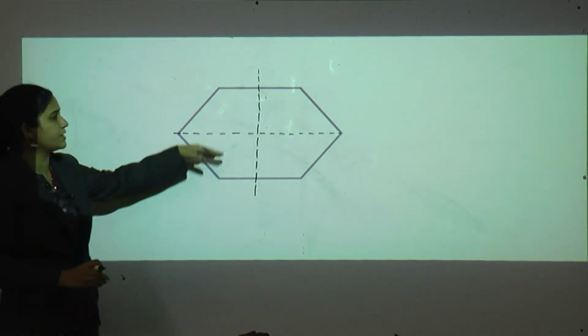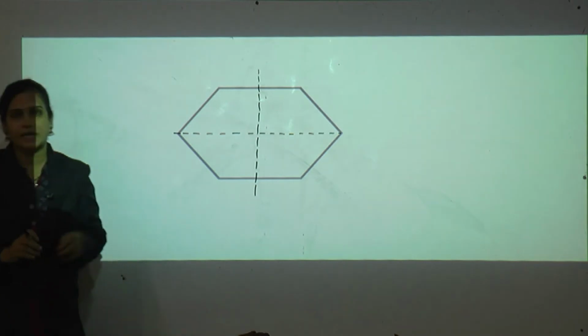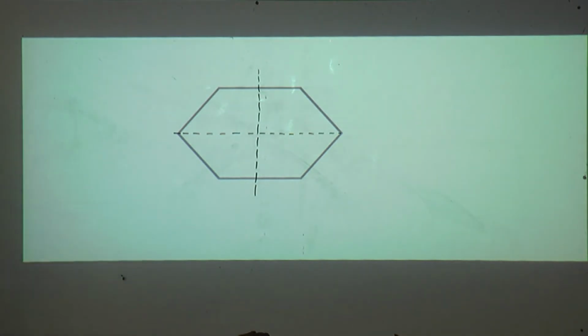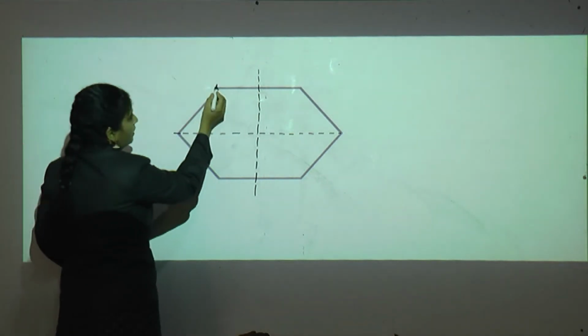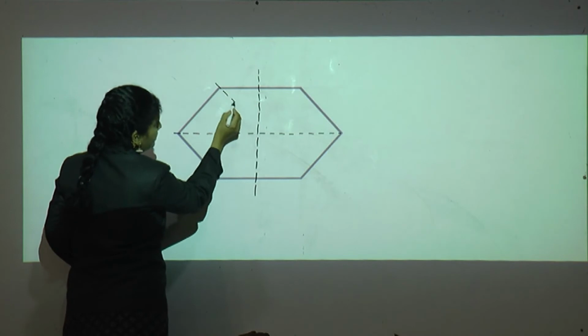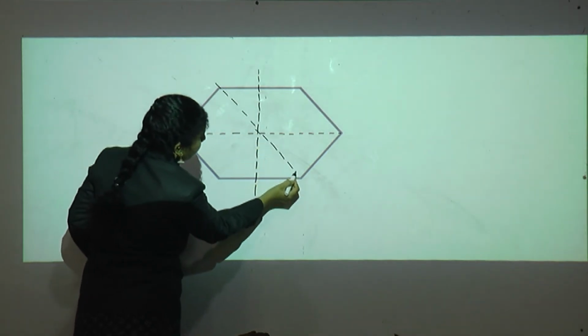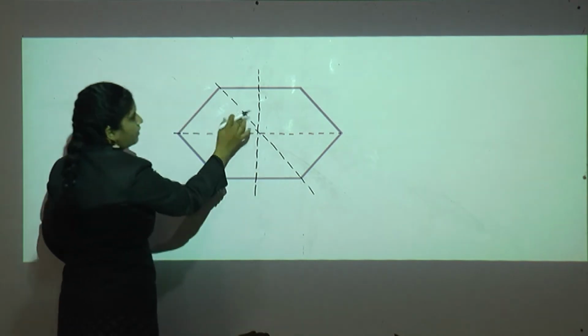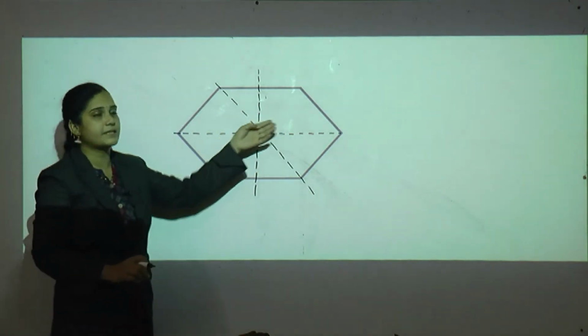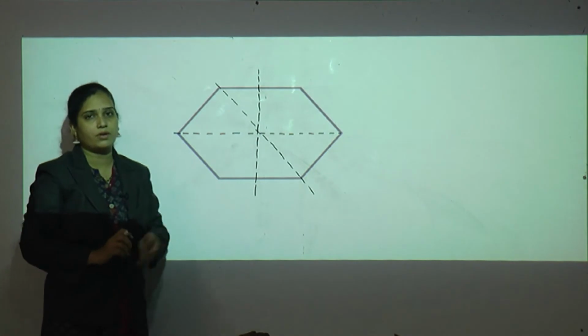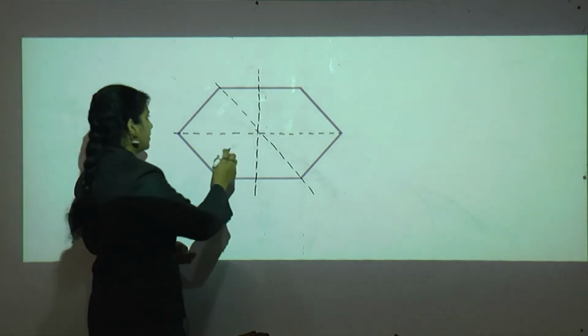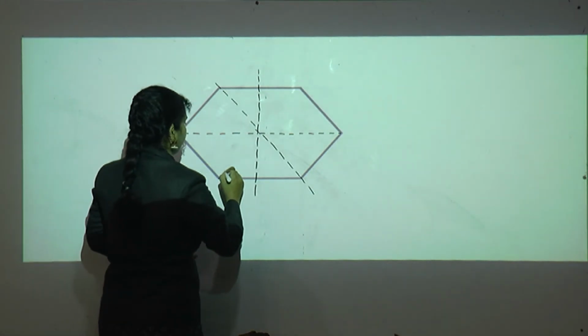If I fold this, I will get two exact parts of a hexagon. Then students, diagonal. If I draw this line like this, I will get two exact parts of a hexagon. Even here also the same.